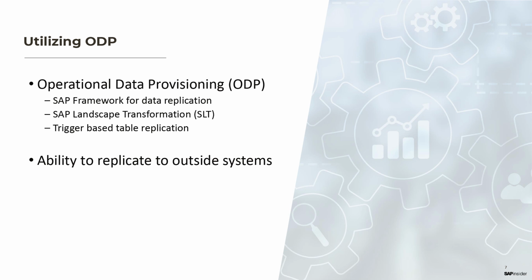Again, with ODP, it's meant mainly to stay within the HANA landscape, but with the Theobald tools that I'll mention in just a few moments here, we basically leverage that same capability, that same change data incremental capture, and then give you the ability to push that into outside systems.